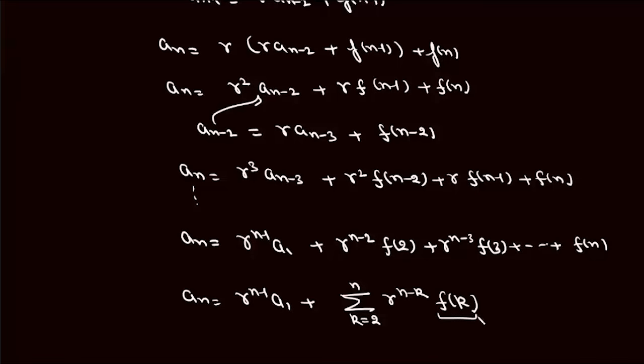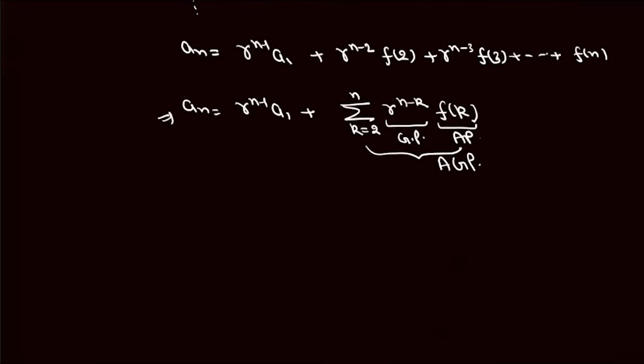Now this fk is a linear part, so it's an AP, and r to the power n minus k is a GP. So in this recurrence relation, finding these n terms led to this AGP.